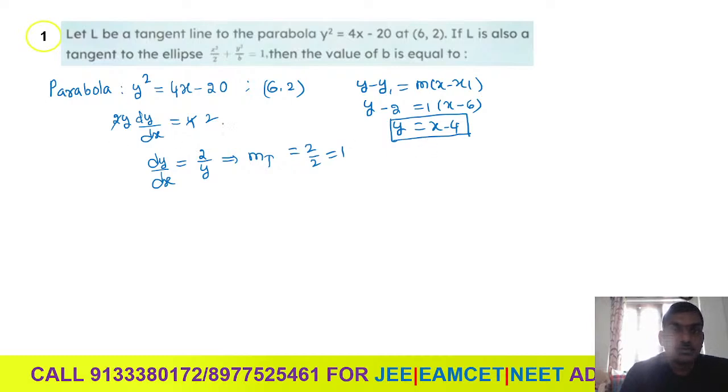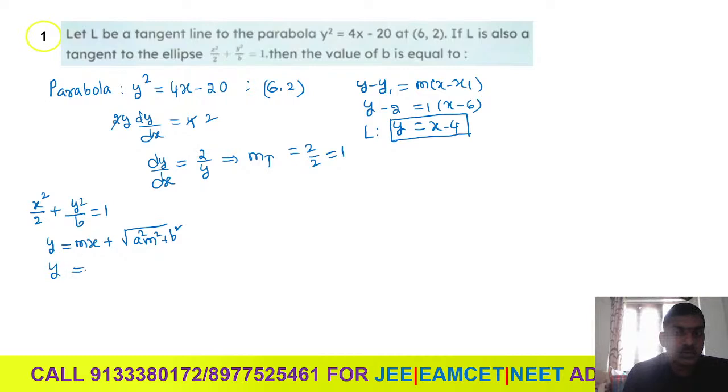This is also a tangent to the ellipse x square over 2 plus y square over b equal to 1. Generally, the tangent line is y equals mx plus under root of a square m square plus b square.